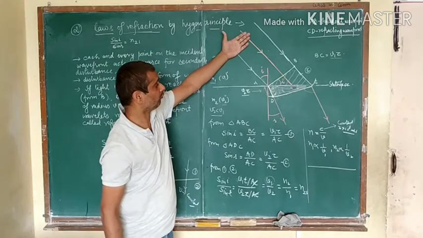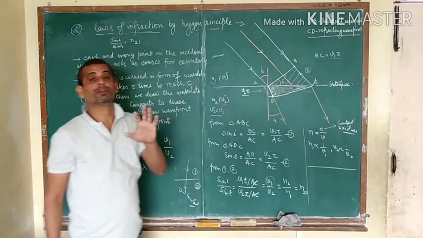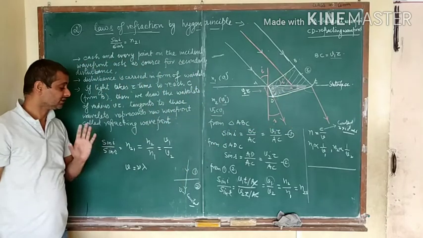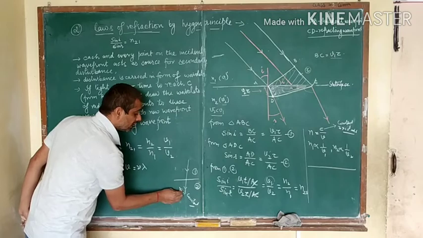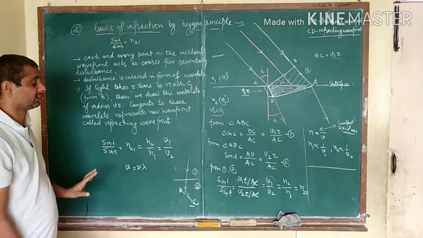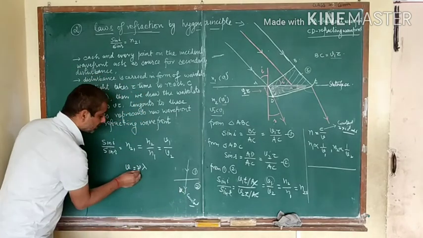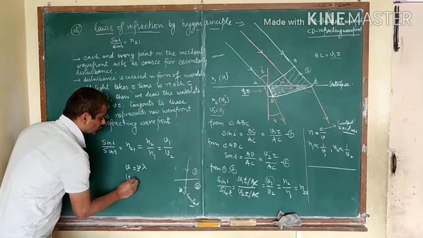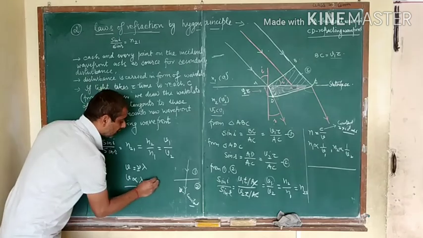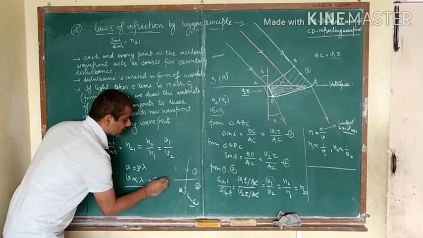The frequency of light always remains constant, it does not change. So this term will be constant. So velocity is proportional to wavelength, for when light goes from one medium to the second medium.